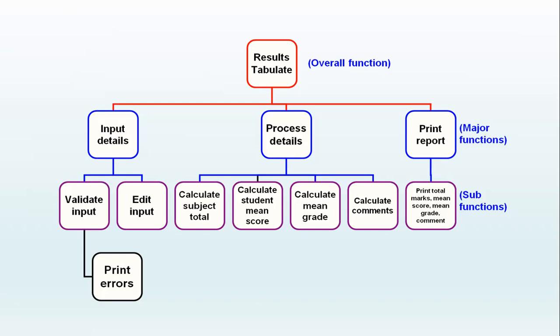Like in this case, I have validate input broken down to a sub-function called print errors. So by the look of this structure, we can see how the program has been broken down into various modules from the main module or main program all the way to the lowest module.